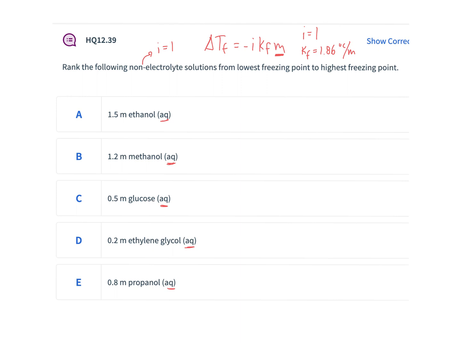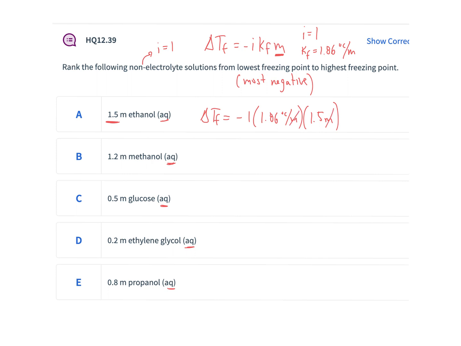The key here is that the lowest freezing point is basically asking for the most negative freezing point, and that should come from the solution that has the highest molality. So a molality of 1.5 is going to lead to the lowest freezing point. Change in freezing point equals negative 1 times 1.86 degrees Celsius per molal times a 1.5 molal solution.